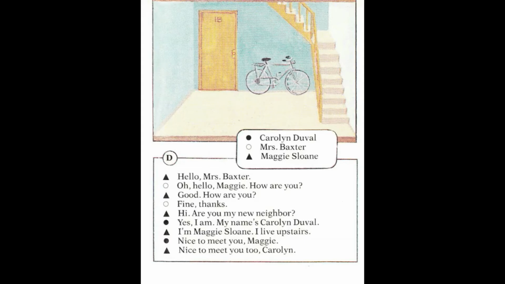I live upstairs." As you can see in the picture, upstairs, you can see there are stairs. When we go up to another story in the building, we say upstairs. Up the stairs. We go upwards. Upstairs. "Nice to meet you, Maggie." "Nice to meet you too, Carolyn."